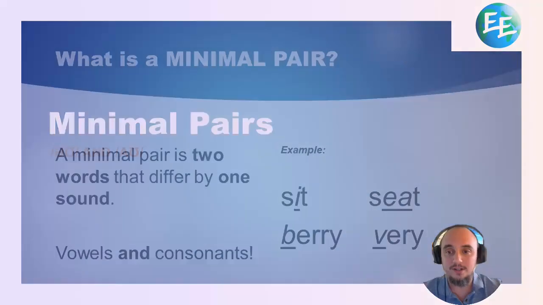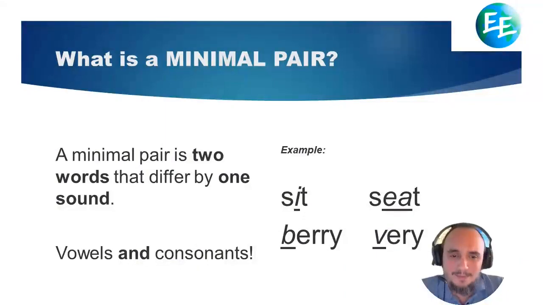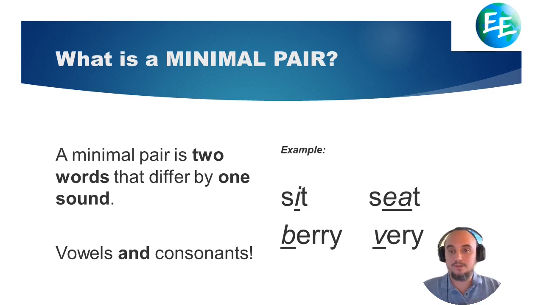So first we're going to talk about what is a minimal pair. Okay, so if you've never heard this term before, we're talking about two words that sound very close to each other, but they're not the same word. So they're going to have one sound that's different between these two words.